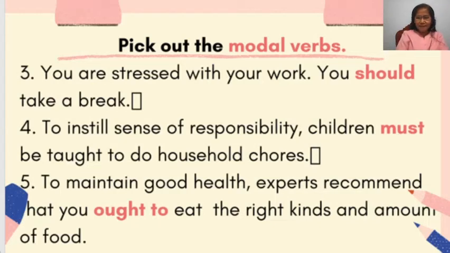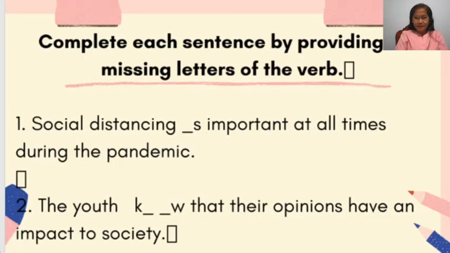Any question? Alright, so this time, take time to answer this activity. Write your answers in a piece of paper. Complete each sentence by providing the missing letters of the verb. Number 1, social distancing, blank important at all times during the pandemic.